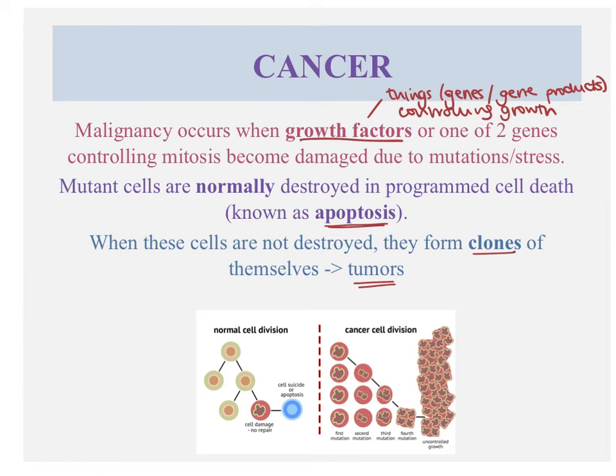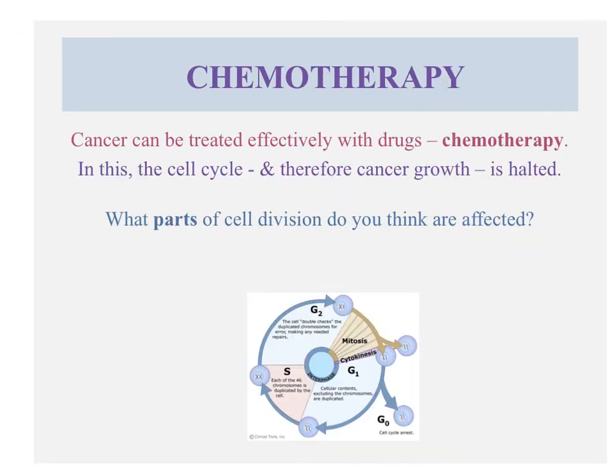Now, for the last little bit of the lesson, you guys are going to do some thinking about cancer treatment, and then you're going to have a look at some exam questions. So, chemotherapy is the chemical, so chemo, treatment of cancer.